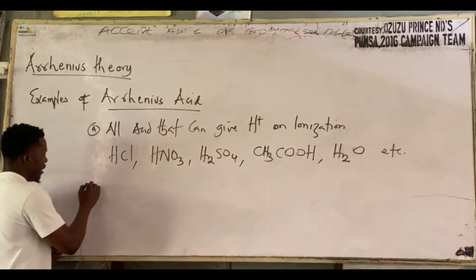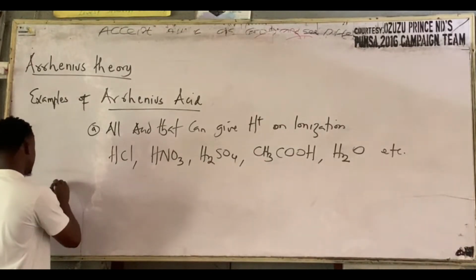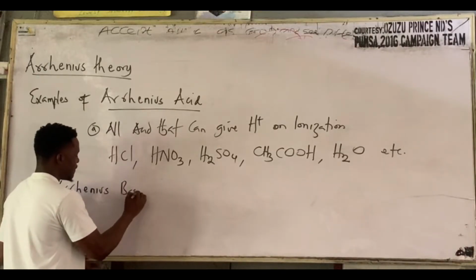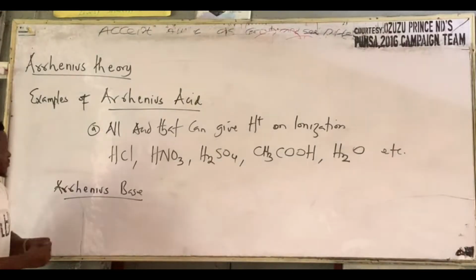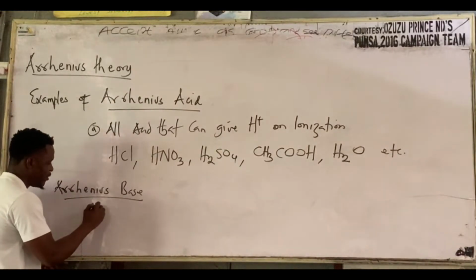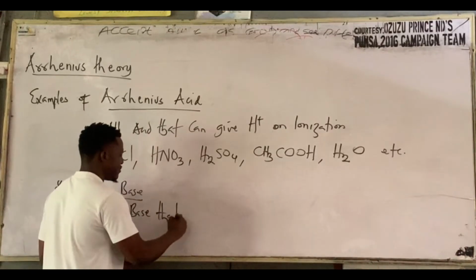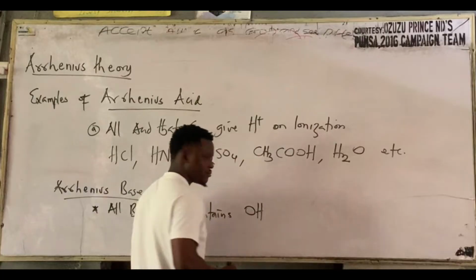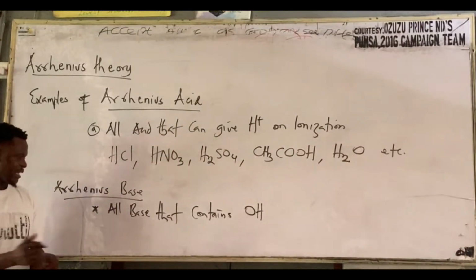So let's look at examples of Arrhenius base. We just saw Arrhenius acid, now Arrhenius base. What is actually an Arrhenius base, class? I gave us a point that for Arrhenius base, any base that contains OH is considered an Arrhenius base.